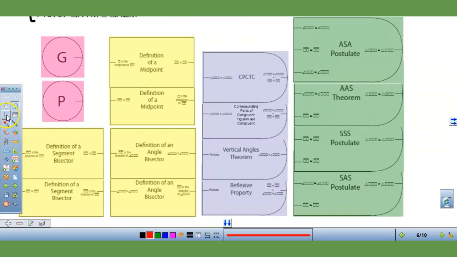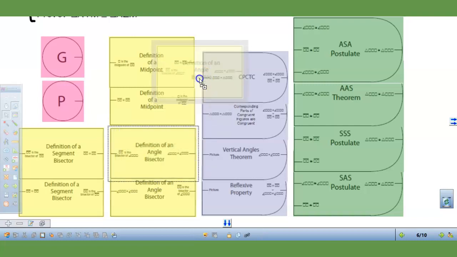Go through each one and see if you can find it. I'll show you. Okay, so what did you come up with? Probably something that looks like this.